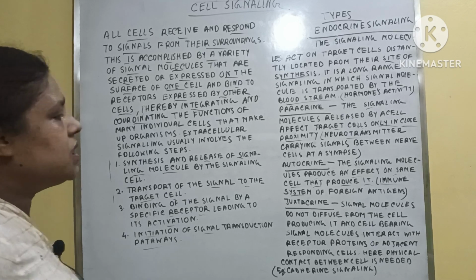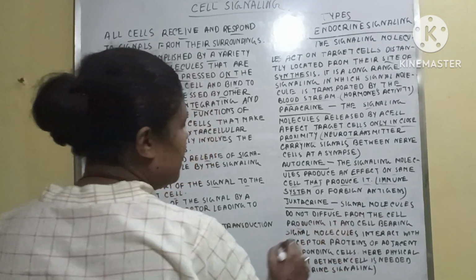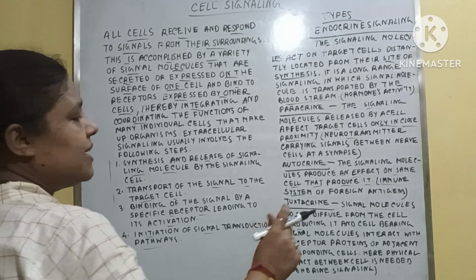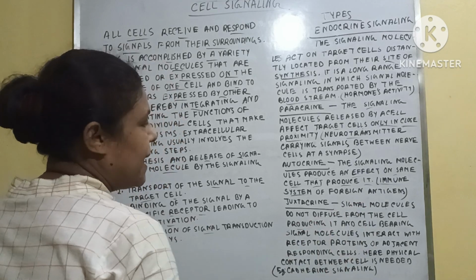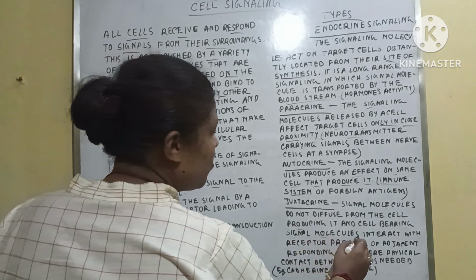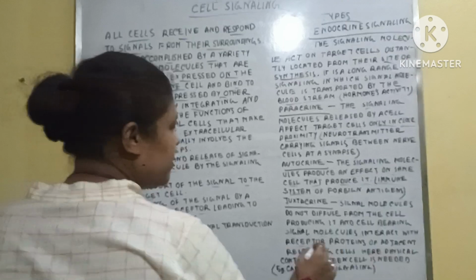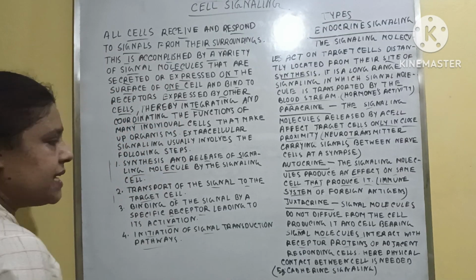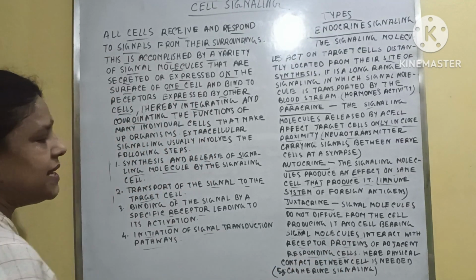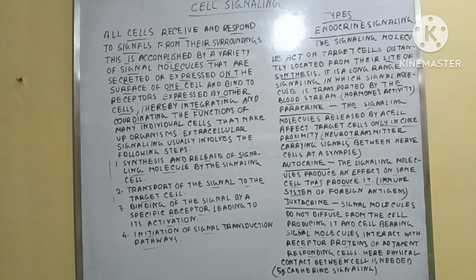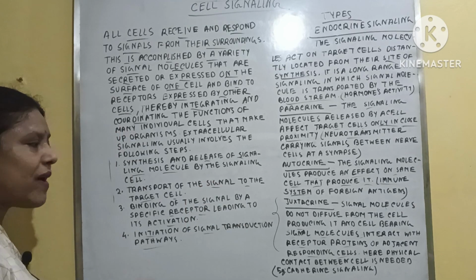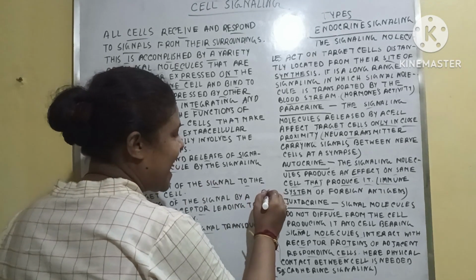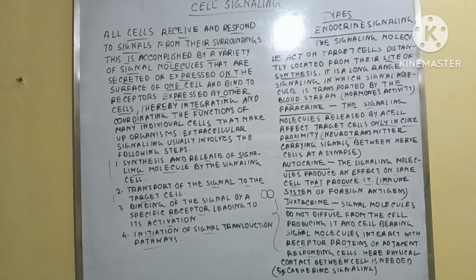The fourth one is the juxtacrine. Here the signal molecules do not diffuse from the cell producing them, and the cell bearing signal molecules interacts with the receptor proteins of adjacent responding cells, so physical contact between the cells is needed. This type of signaling occurs only where the cells are situated adjacently or remain in physical contact.